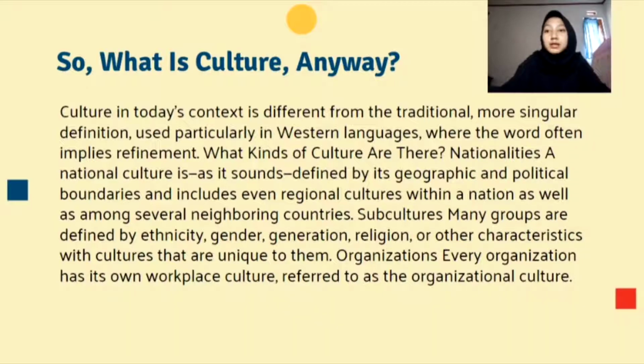Subculture. Many groups are divided by ethnicity, gender, generation, religion, or other characteristics, with cultures that are unique to them. Organization. Every organization has its own workplace culture, referred to as the organizational culture.